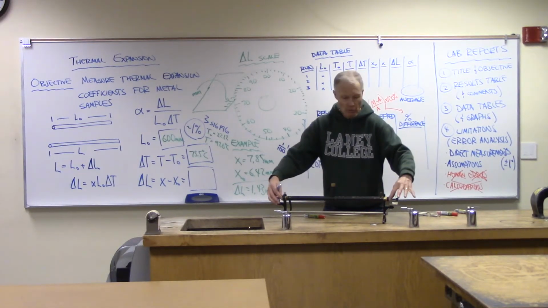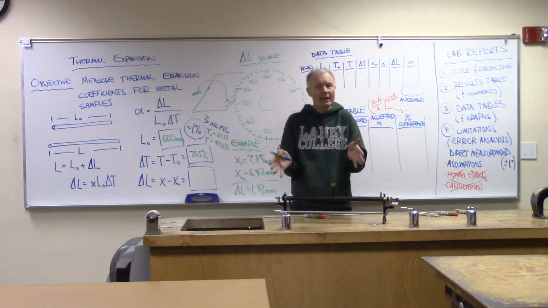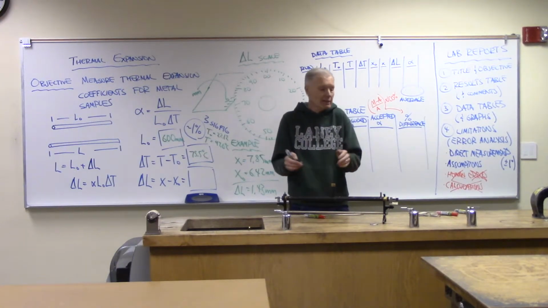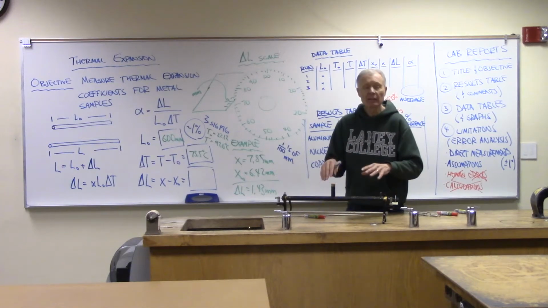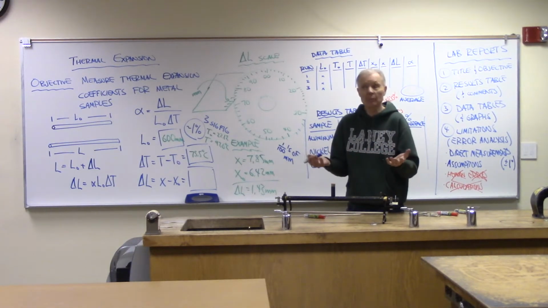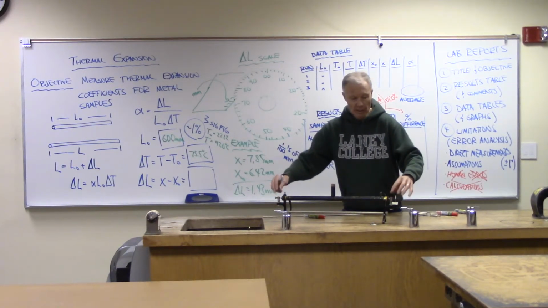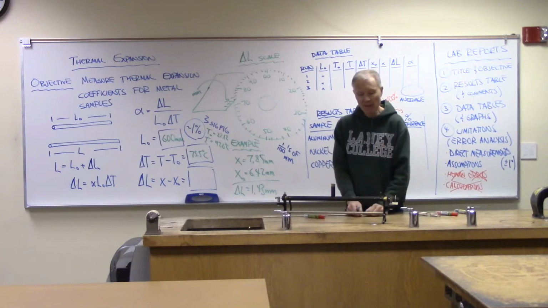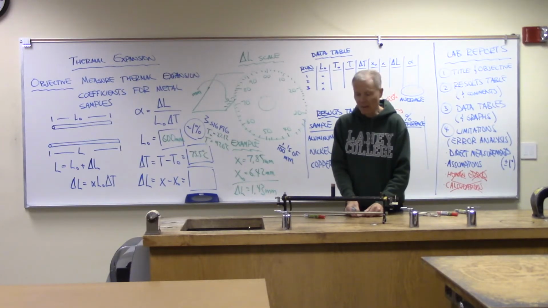And we need to make sure that the stoppers at the ends are not stoppered too tightly. If they're stoppered really tightly, we run the risk again that the metal sample inside is not free to expand by however much it wants to expand. So I'm going to leave a little bit of a gap here so that it freely expands within there. Okay, that's the plan. That's what we're setting this up to be able to do.